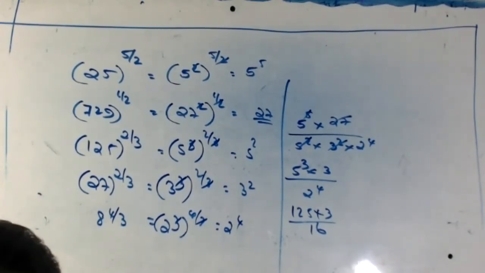Next day, I said you try 2 cube is 8, 3 cube is 27, and all the roots: root of 12 is 2 root 3, root of 8 is 2 root 2, root of 18 is 3 root 2, root of 20 is 2 root 5, root of 24 is 2 root 6, root of 27 is 3 root 3, right? So then you become smart.